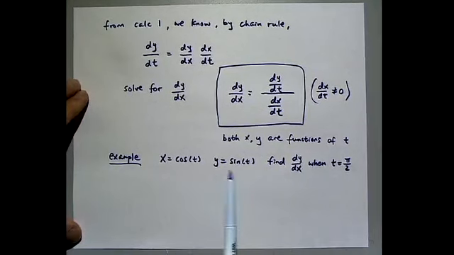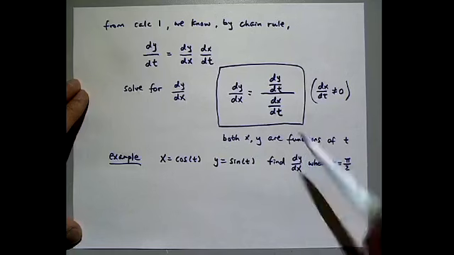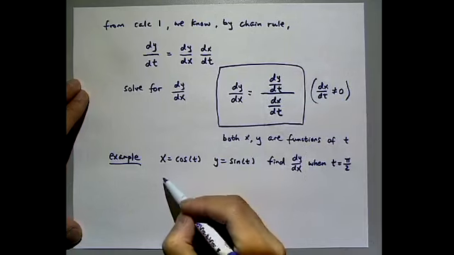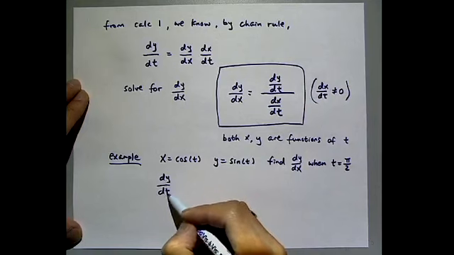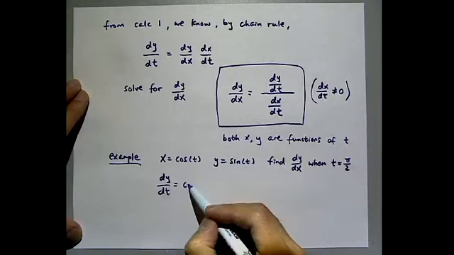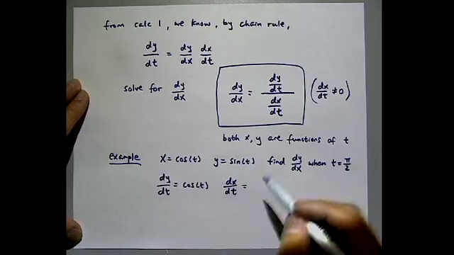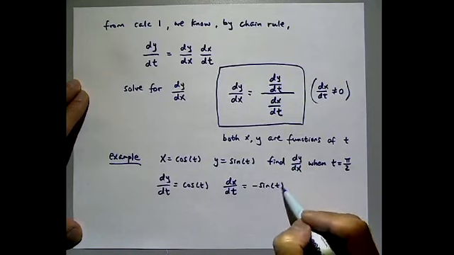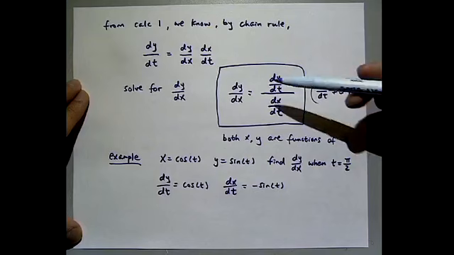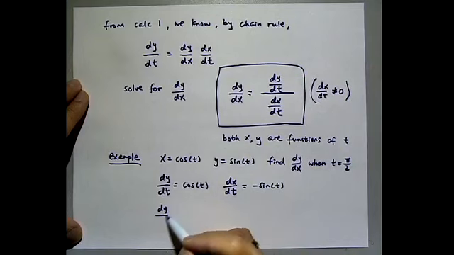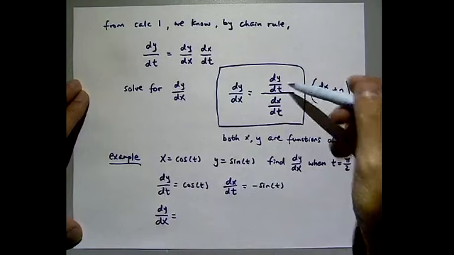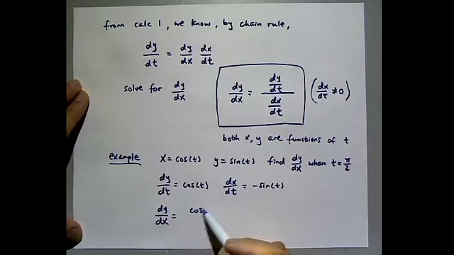Okay, so now I got x and y both in parametric forms in function of t. To find the derivative y with respect to x, we use that formula here. dy dt is cosine of t. dx dt is negative sine. So dy dx is cosine t over negative sine of t.